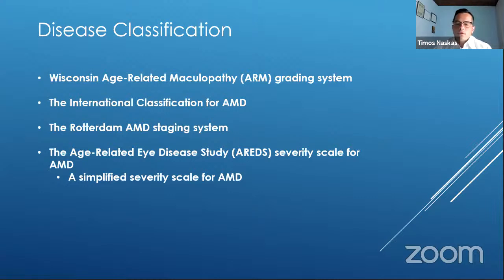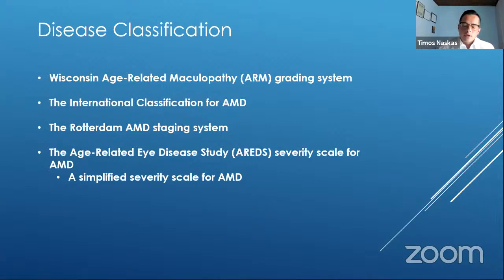So all of these might be different in the philosophy and how they actually classify an eye to a specific disease stage, but all of them have some common components and characteristics. That is, they all, as I said, take drusen size into consideration, and they are based in fundus photography, which was the technology available when these studies had commenced.